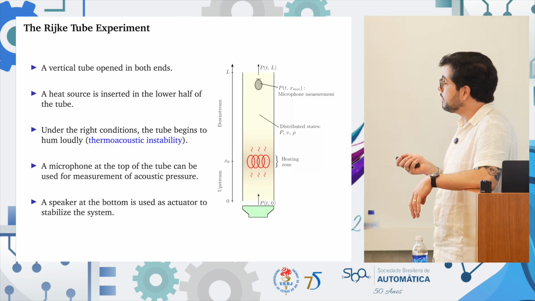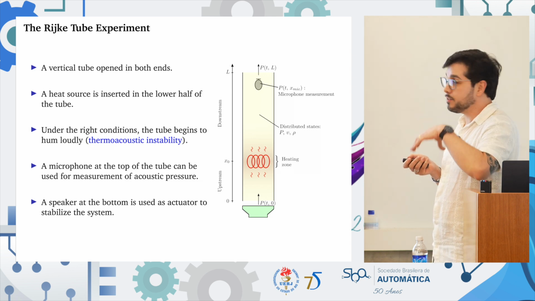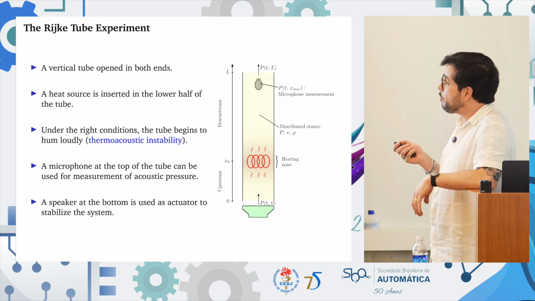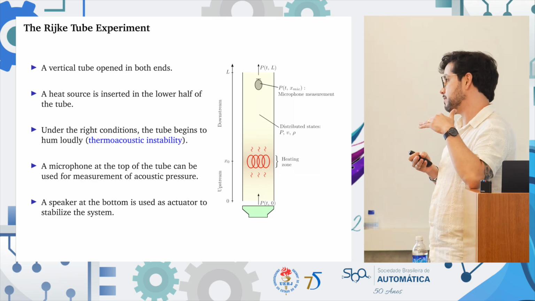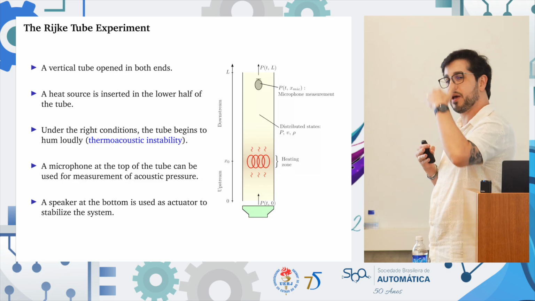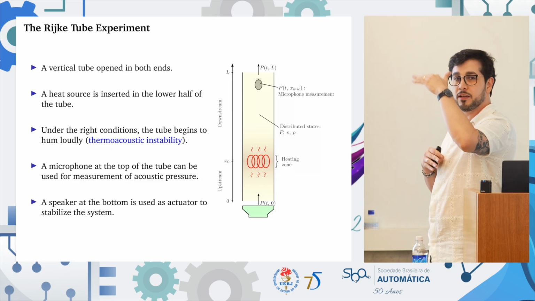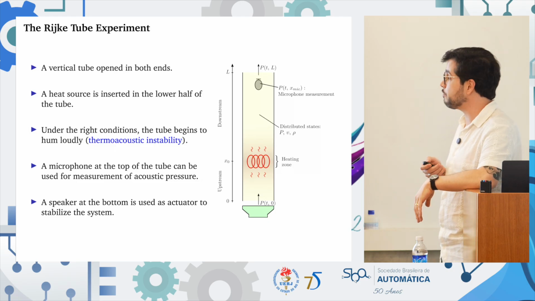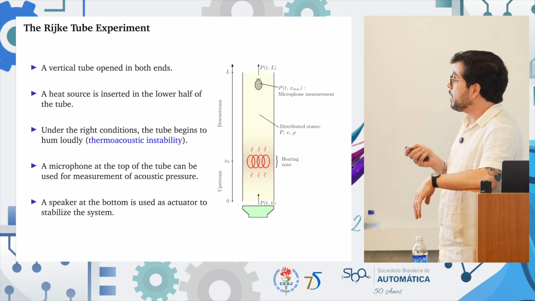When we heat this element, the air inside the tube gets light, so the air gets sucked into the tube, and the pressure inside the tube increases. It increases until a point where the air is expelled, and then the cycle repeats, generating a limit cycle behavior for the acoustic pressure. Okay?